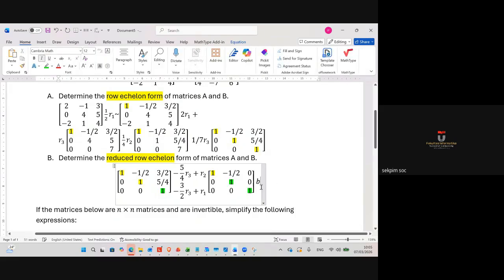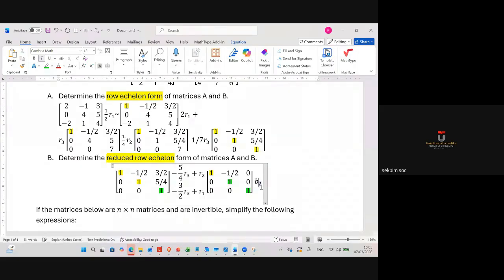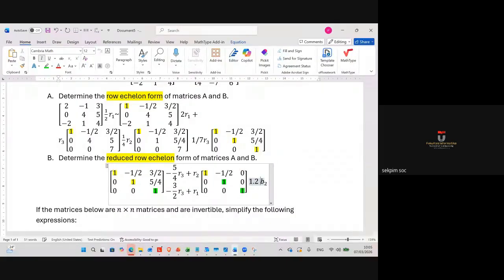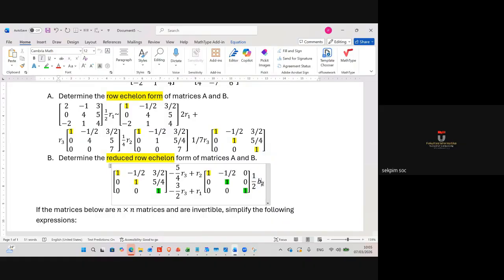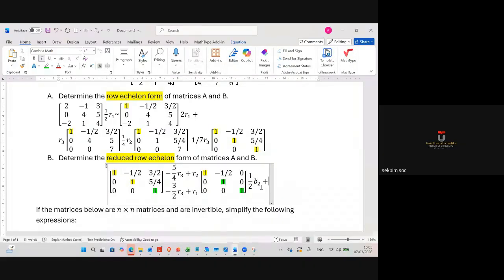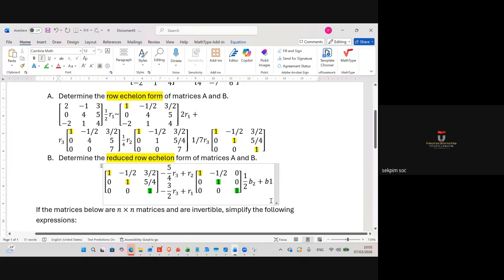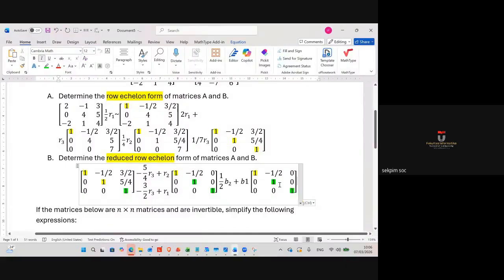So this one, we have B2. Yeah, we want to add to B1 half of B2, right? Half of B2 plus B1, such that we are going to have, okay, nothing changed in this column.